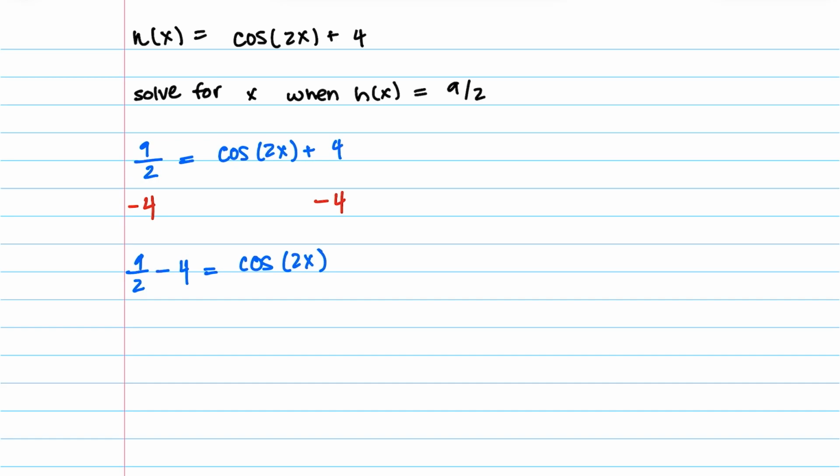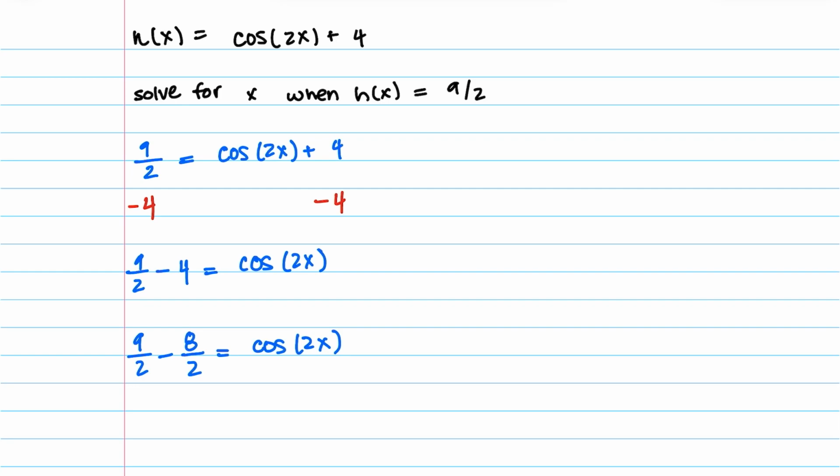Now, let's simplify the number that we have on our left-hand side by turning 4 into a fraction with a common base. And so you'll have 9/2 minus 8 over 2, which is essentially 4, is equal to cosine of 2x. Alright, so on the left-hand side, when you subtract 9/2 minus 8 over 2, you keep the same base and just subtract the numerators.